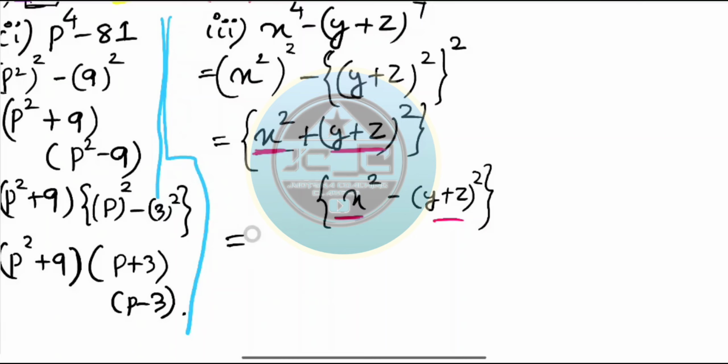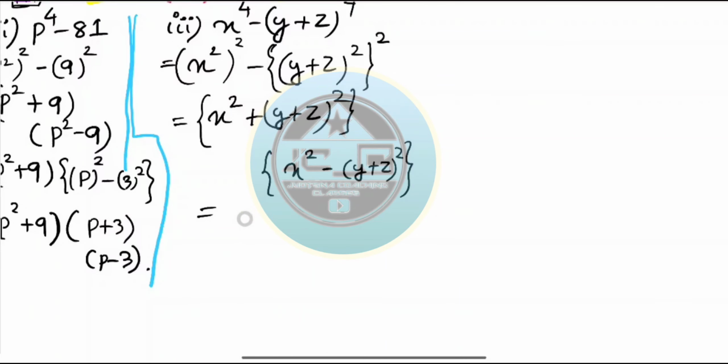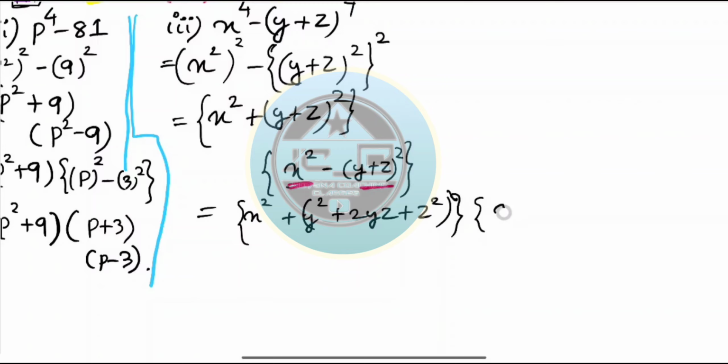I am zooming into this, x square plus y plus z square is what? Y square plus 2yz plus z square, and again we can apply a square minus b square. This is a square, this is b square. So we can apply that, x plus y plus z whole into x minus y plus z, right?